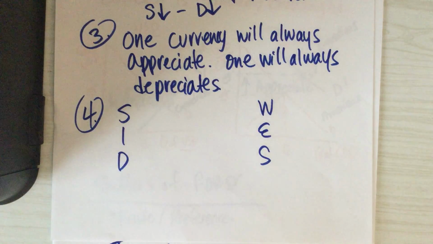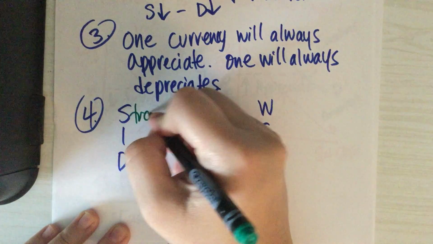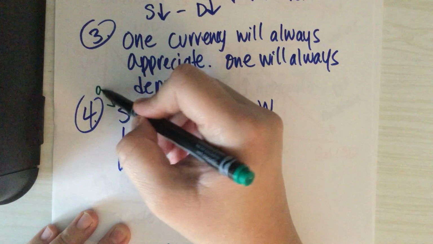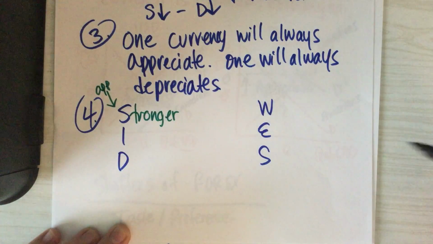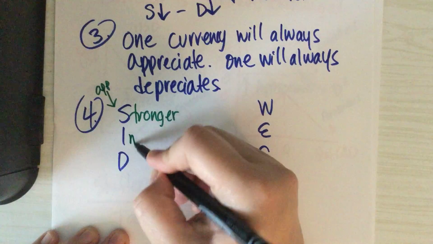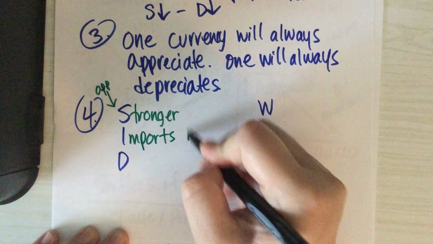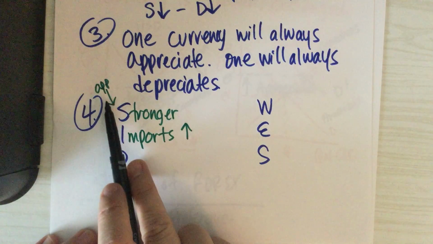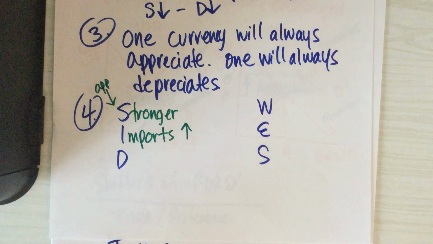So let's say, for example, that you have a stronger dollar. Let's say that your dollar has appreciated. This is an appreciated dollar. If you have a stronger dollar, imports are going to go up. Imports are goods and services that we buy from other countries. If our country's currency is higher in value relative to that other country's currency, then their goods are cheaper for us.